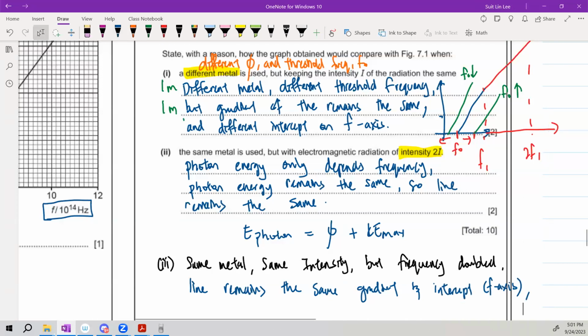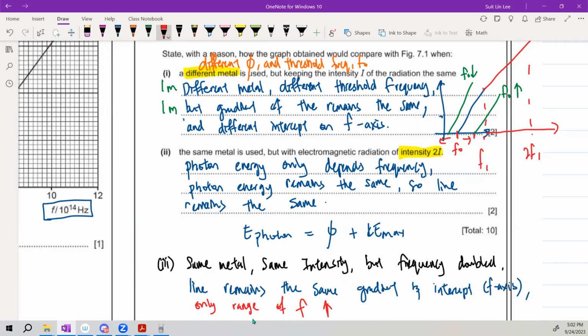Just that the range of values is doubled, meaning you have more data. Only the range of f increases. Or in mathematics talk, your domain increases. But it's still the same line.